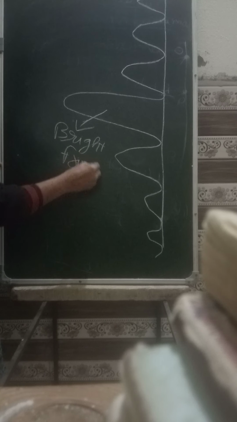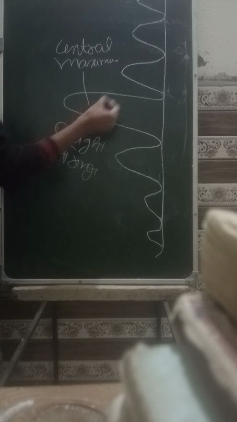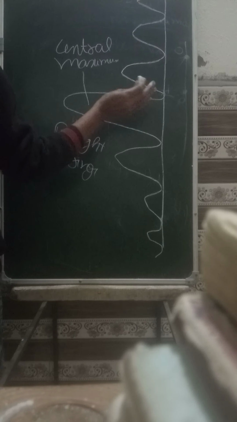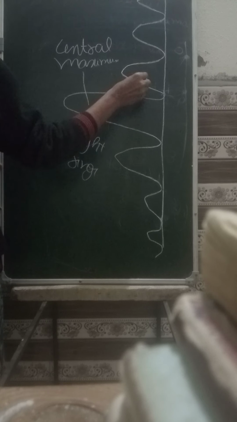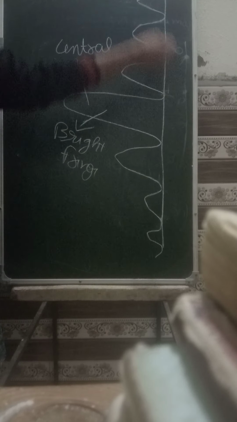This is known as a bright fringe, and this is also known as the central maximum. Central maximum means over here there will be maximum intensity, and over here the intensity will be less compared to the central maximum, and over here it will be even less, and over here very less, and slowly it is going to finish. So this is the pattern we are going to obtain.